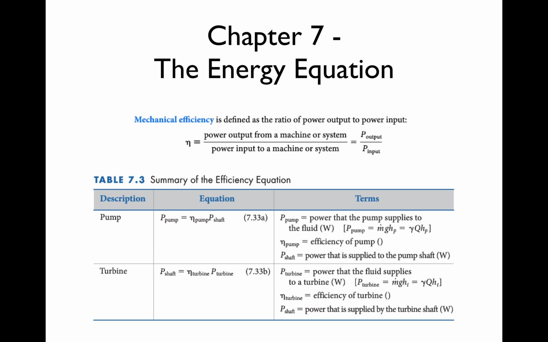When we look at the equations down below, we can see that the pump is always getting less energy than the shaft supplies, because the efficiency has to be less than 100%. Likewise for the turbine.